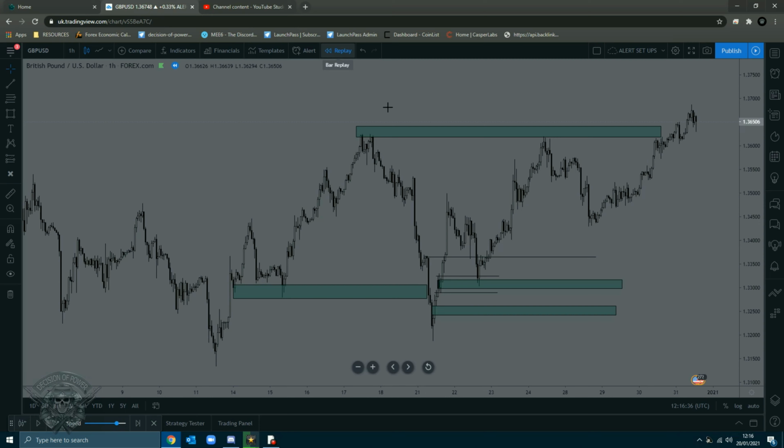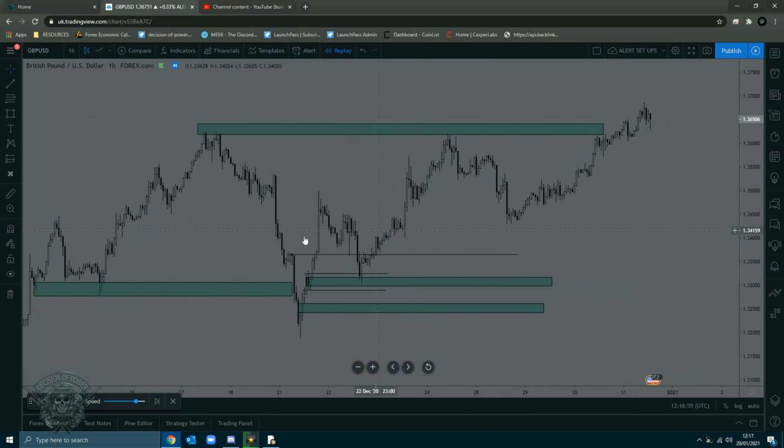You click on that and it'll bring up a big red line, and you drag it back to where you want, drop the red line down, and it'll delete all of the price action up to that point. Then you can press play on this little remote down here. Depending on what speed you want, you set the speed and you can play each bar at a time. So you can practice these setups.